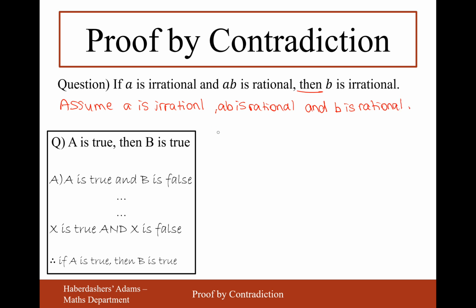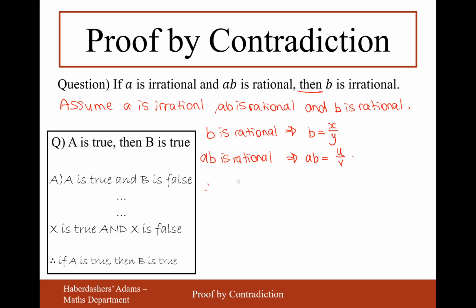Okay, so if B is rational, let's start with that one. B is rational. So therefore, B can be represented as X over Y. And also AB is rational. So therefore, AB can be represented as a different fraction, U over V maybe.